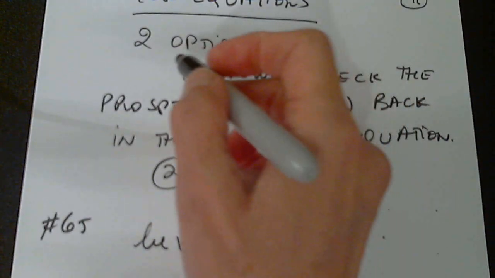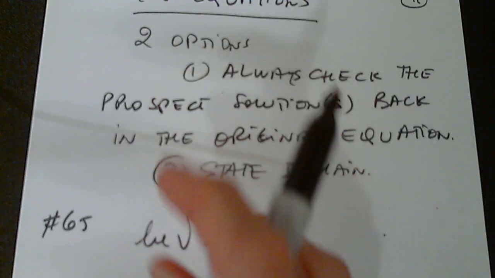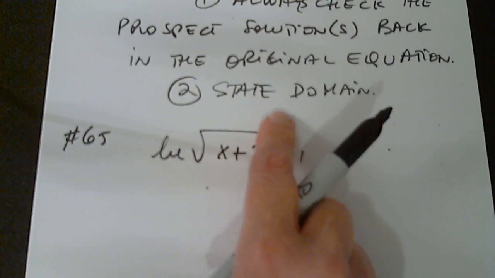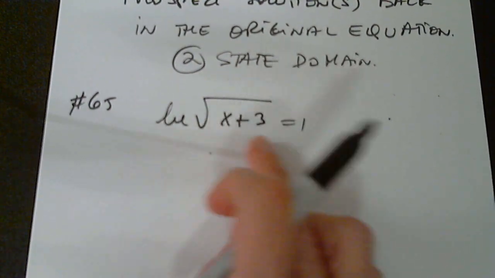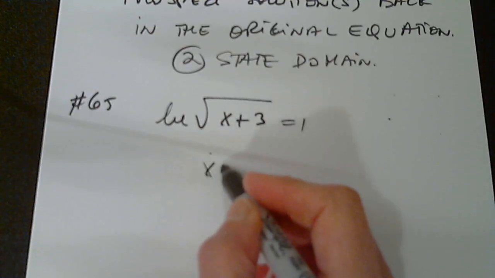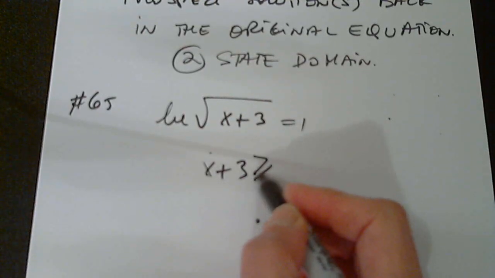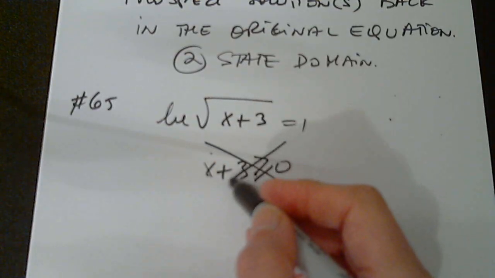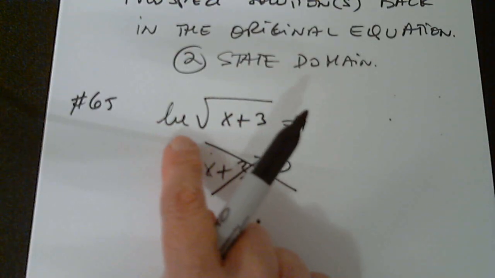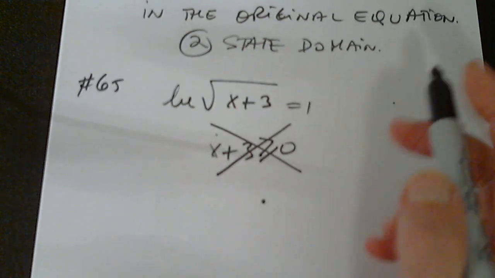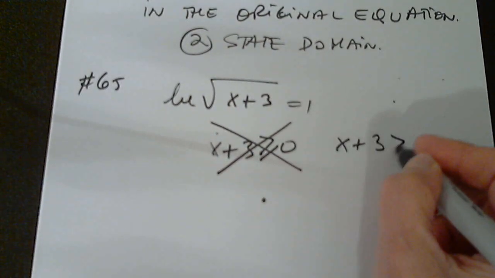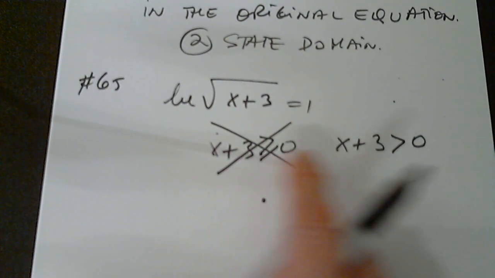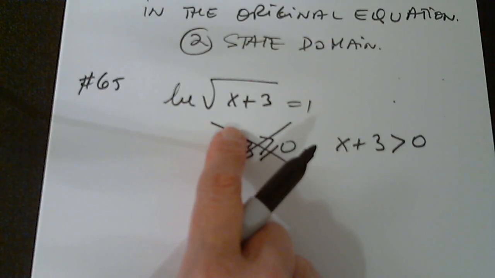Because I don't like this method, and I like this method, I look at the square root first of all. The quantity should be greater than or equal to 0. However, because it's inside of natural log, I can only use this. Natural log, as we know, cannot be applied to 0.